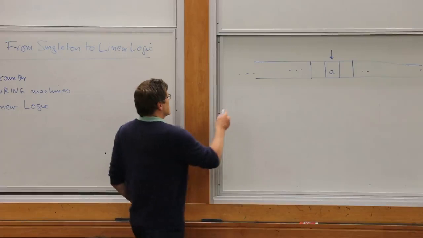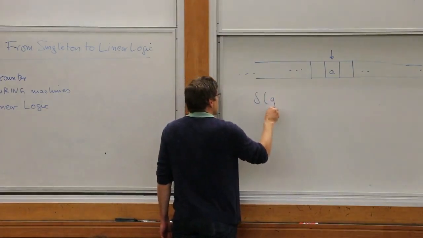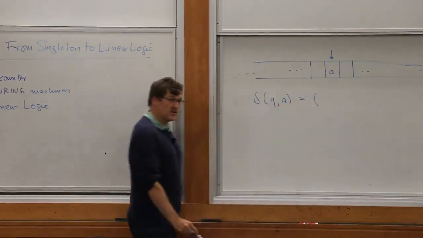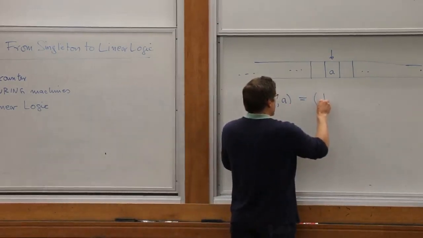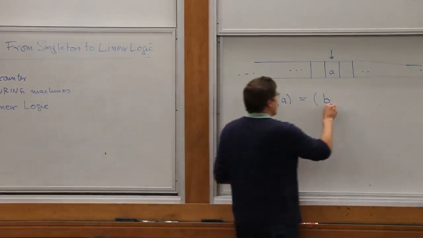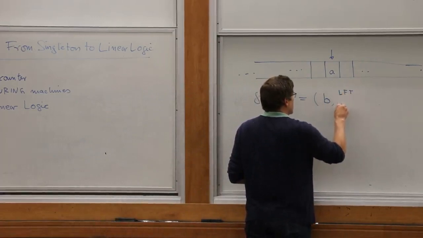So the transition function is something like this. We say transition function from a state Q, reading the symbol A. We have to return three things. The first thing is the symbol we have to write, maybe the symbol B. Then an indication of one of two things: move to the left or move to the right.